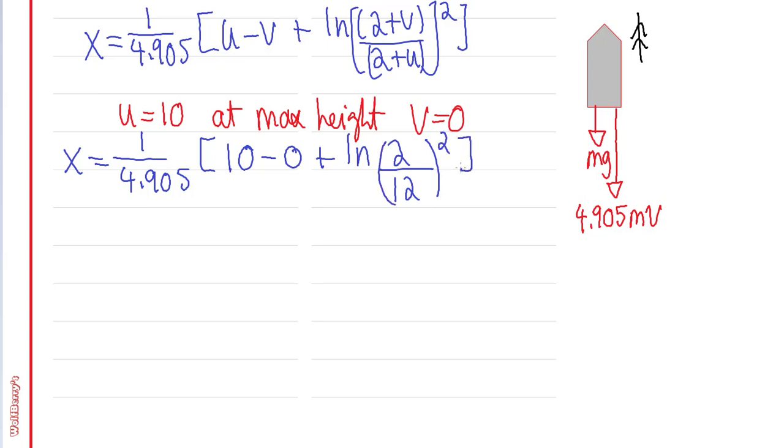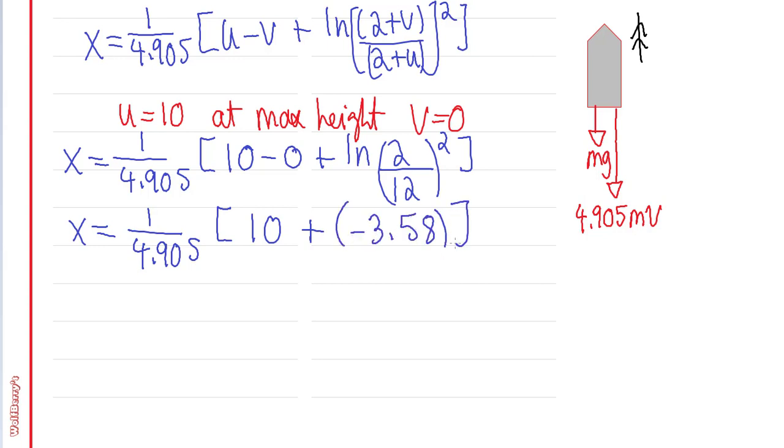Now, x is equal to, keep the 1 over 4.905 out here, multiplied by 10 plus, now 2 divided by 12 is equal to 0.16, or 1 over 6. Square that, you get 0.02. The ln of 0.02 is negative 3.58.